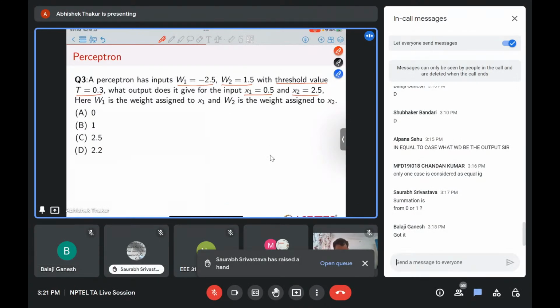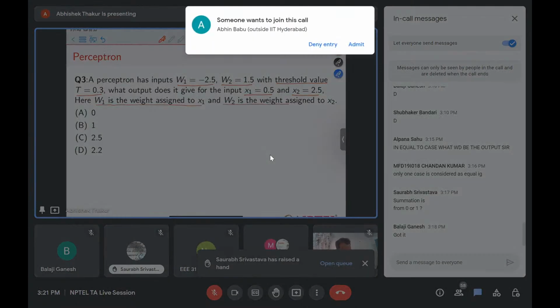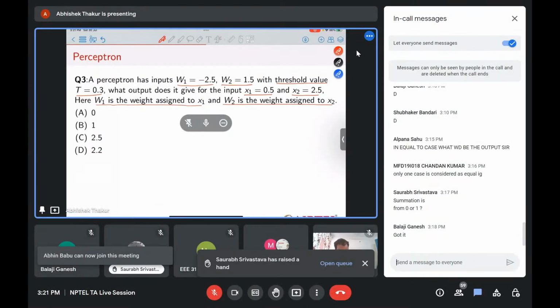Here it is written that W1 is the weight assigned to x1 and W2 is the weight assigned to x2. So they are asking what output it gives for these inputs.